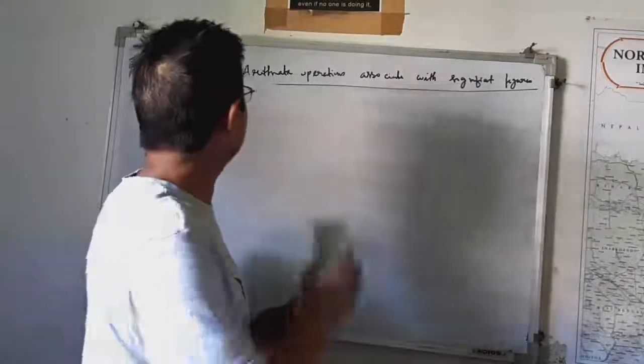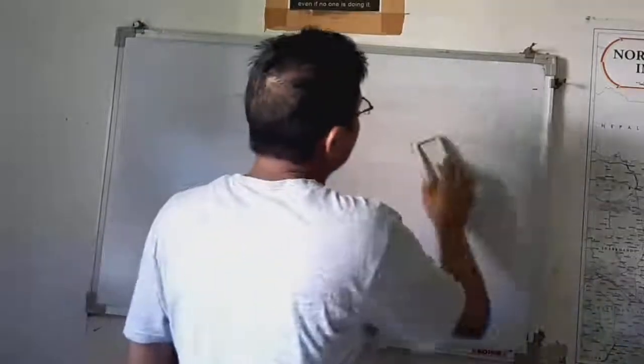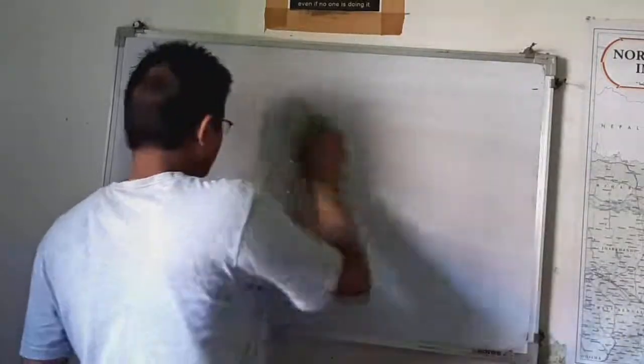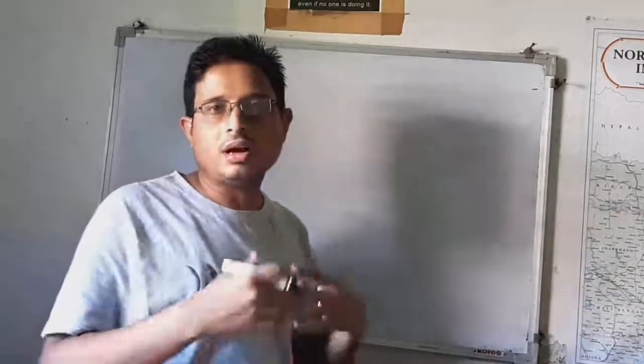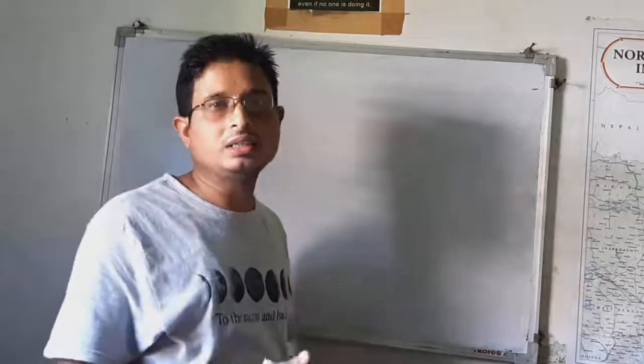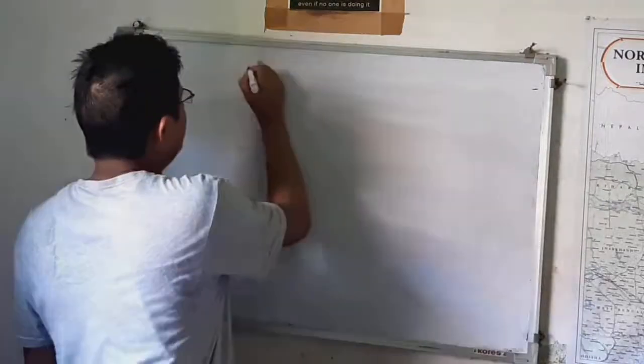Now, how can we round off uncertain digits?